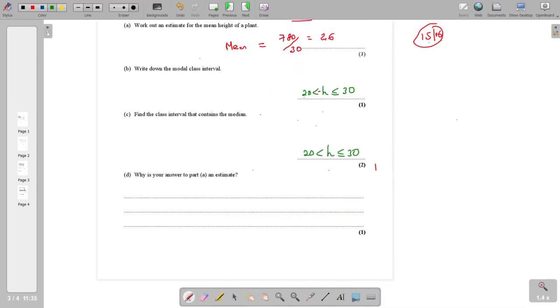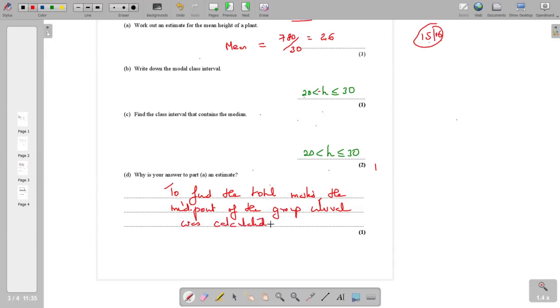So we need to say to find the total marks, the midpoint of the group interval was calculated. Therefore, it is an estimate.